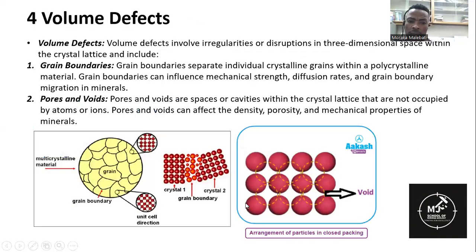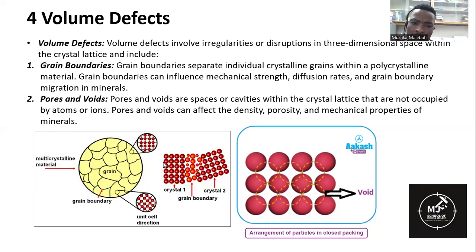Nonetheless, volume defects, it's self-explanatory. You are decreasing or tampering with the volume of that particular crystal. Volume defects involve irregularities or disruptions in three-dimensional space within the crystal lattice and include the grain boundary, the pores, and the voids. In simple terms, the pores and the voids just mean the empty spaces.